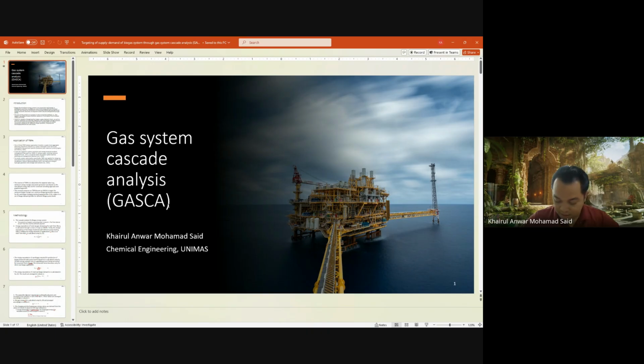So today we will learn about GASCA's calculus, but this one is time-based, time sliced GASCA's calculus. This is based on paper 5, optimization and targeting of supply demand of biogas system, gas escape analysis framework.